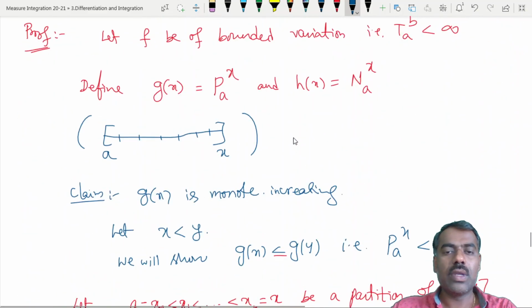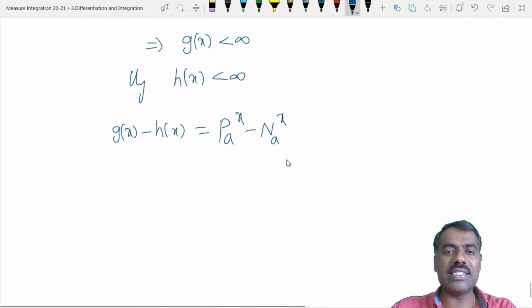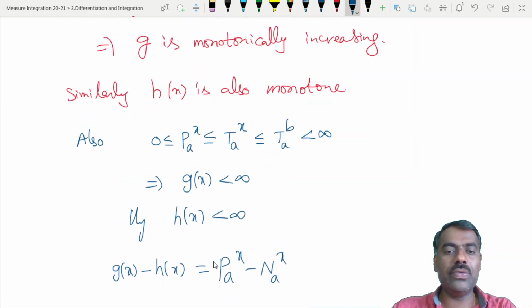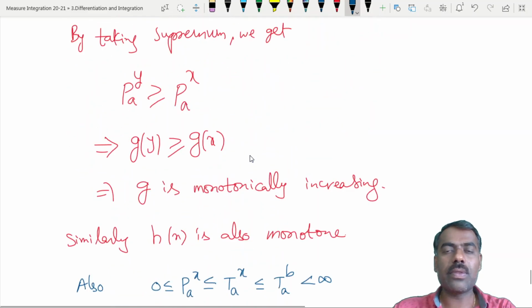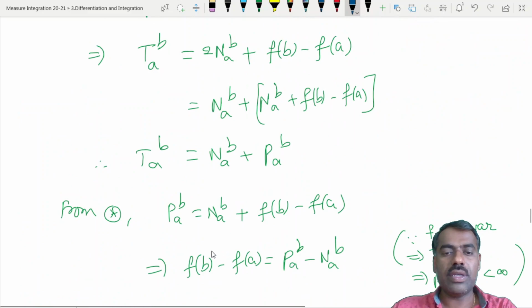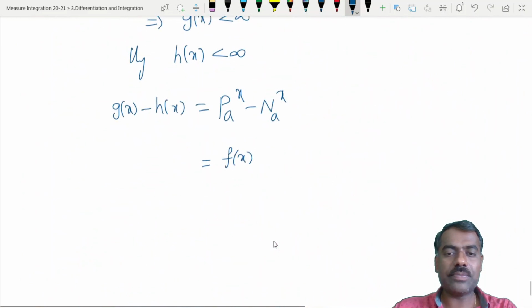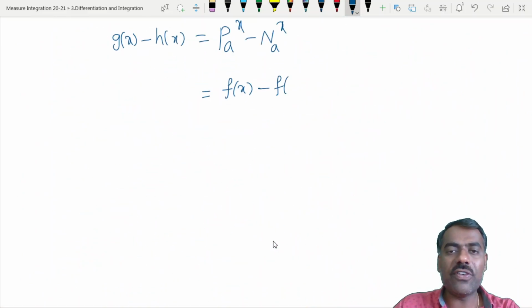Is that clear? So Pab minus Nab is nothing but f of x minus f of a, with x playing the role of b.